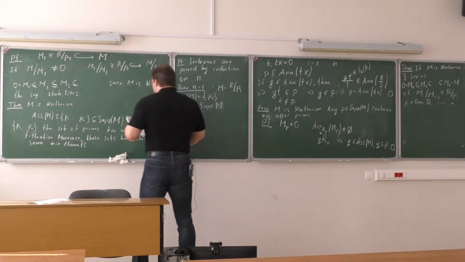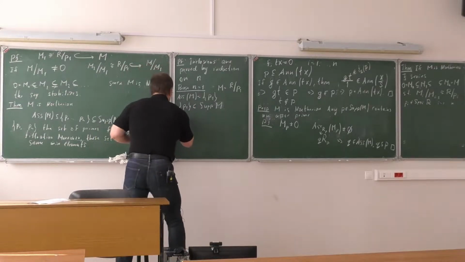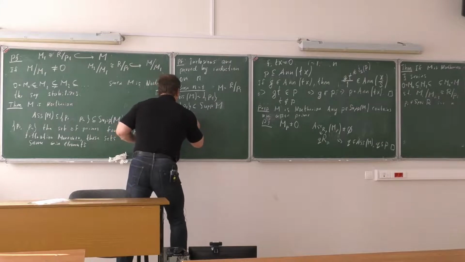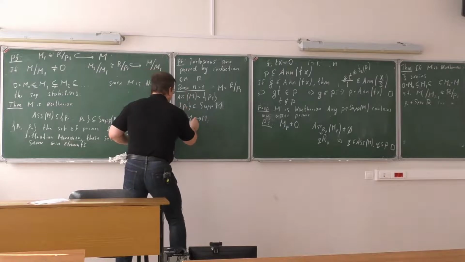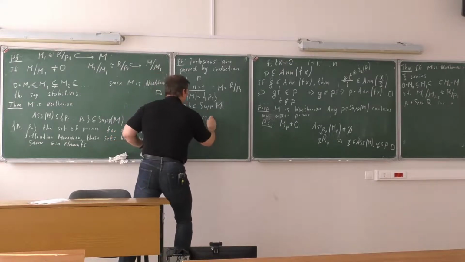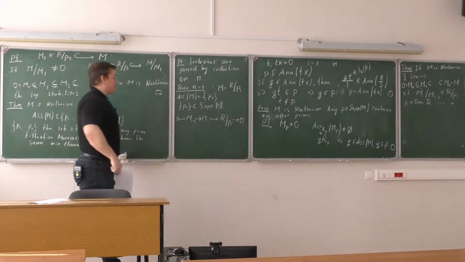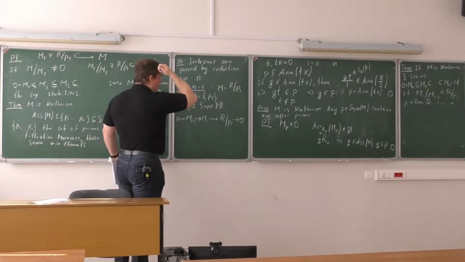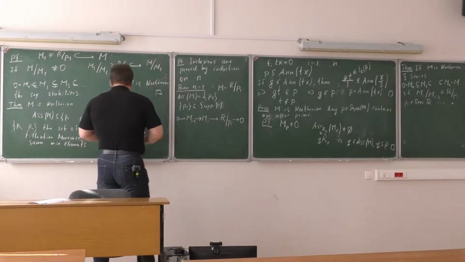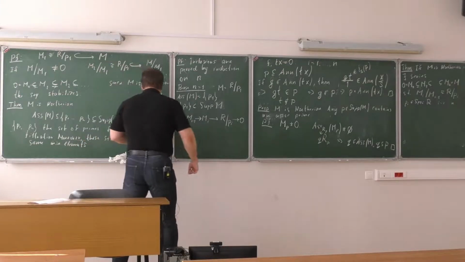Now, if I want to do the induction step, I consider the short exact sequence where Mi minus 1 is embedded into Mi with the quotient being R modulo Pi. Right, so we have such a short exact sequence, essentially by the definition of the prime filtration. And now we just apply everything that we know about the associated primes and the support.